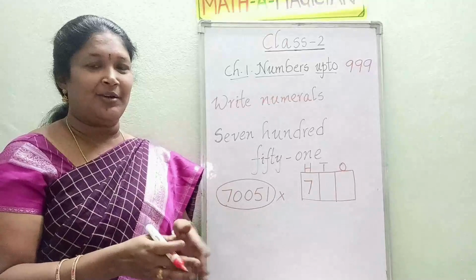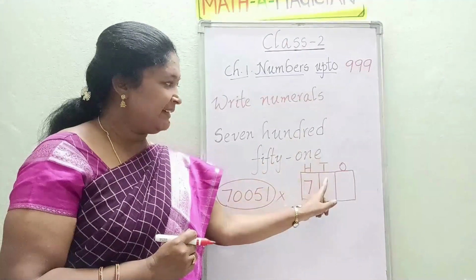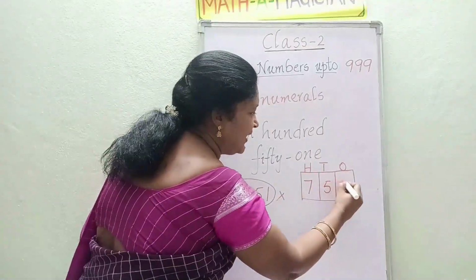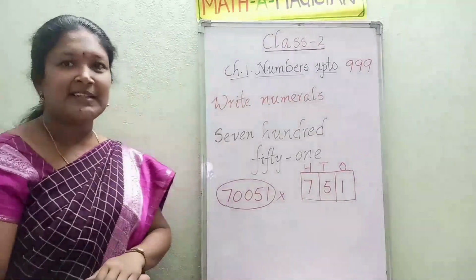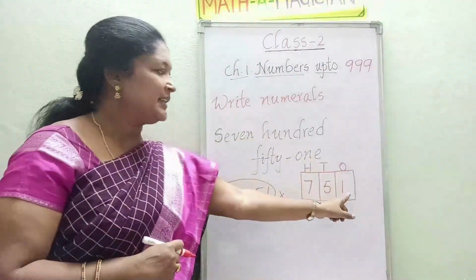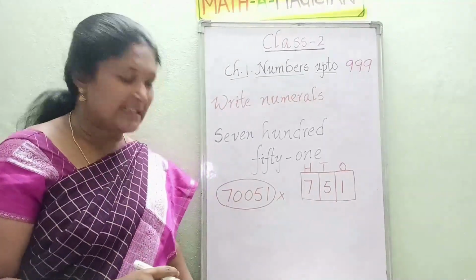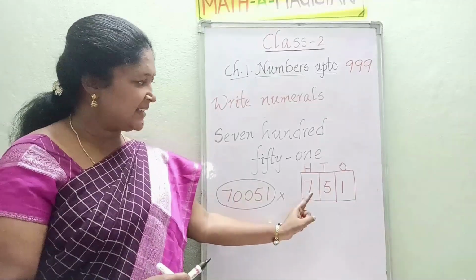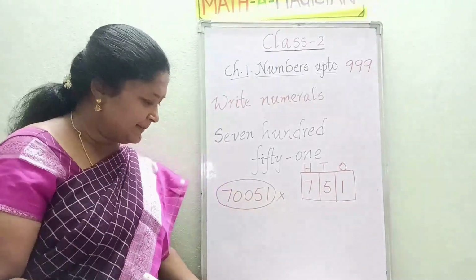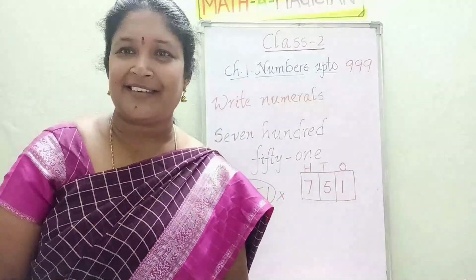Together we should read out and together we should write. So in tens and ones together we should write 51. Understand, children? 100 means 3-digit numbers. So your answer is 751. Understood, children? Now, thank you, children. We'll meet in the next class.